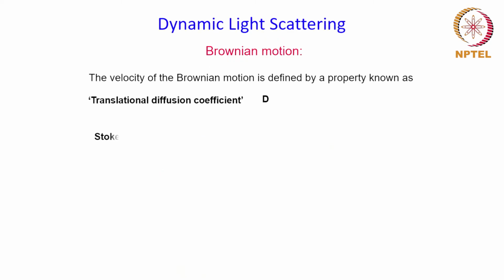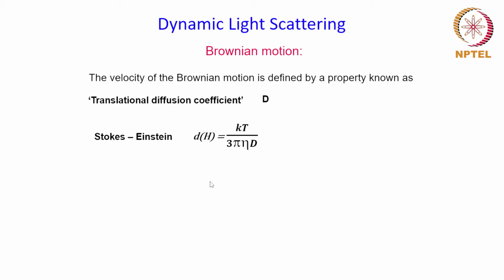Okay. So we have seen that this motion can be defined by a parameter called translational diffusion coefficient, which is related to the particle size d by the Stokes-Einstein equation. And if we could derive that parameter, we will be able to get the particle size from this particular equation.